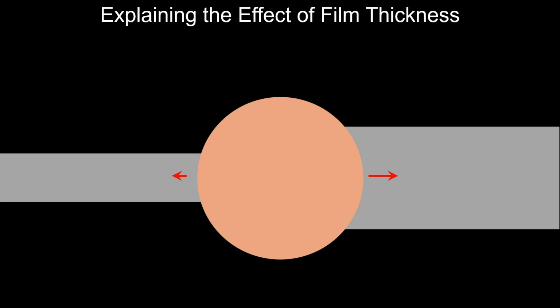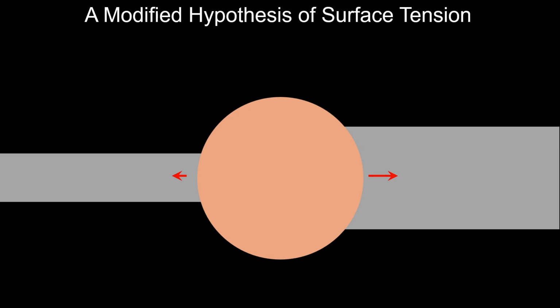A modified hypothesis is that the main attraction in the film is in the surface layers. A surface layer is on the top of a thick layer, and it has an inward pull within that layer, according to this modified hypothesis.